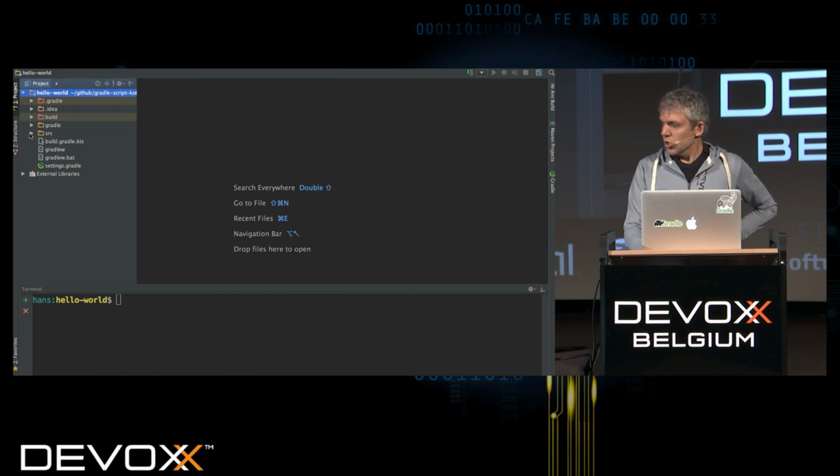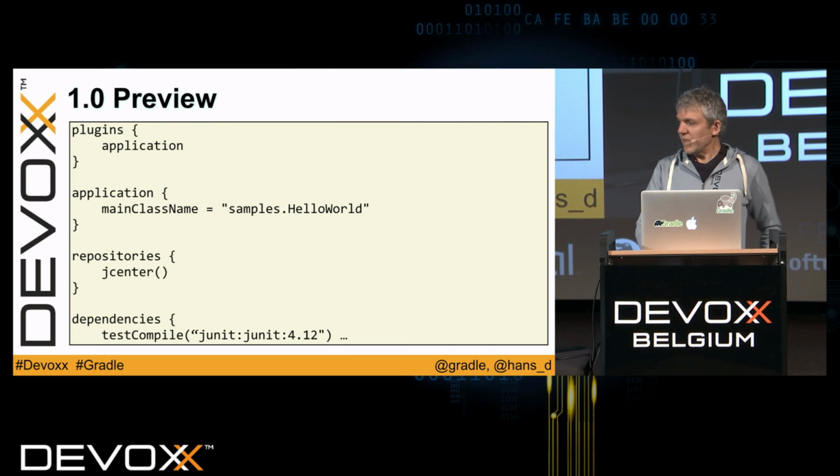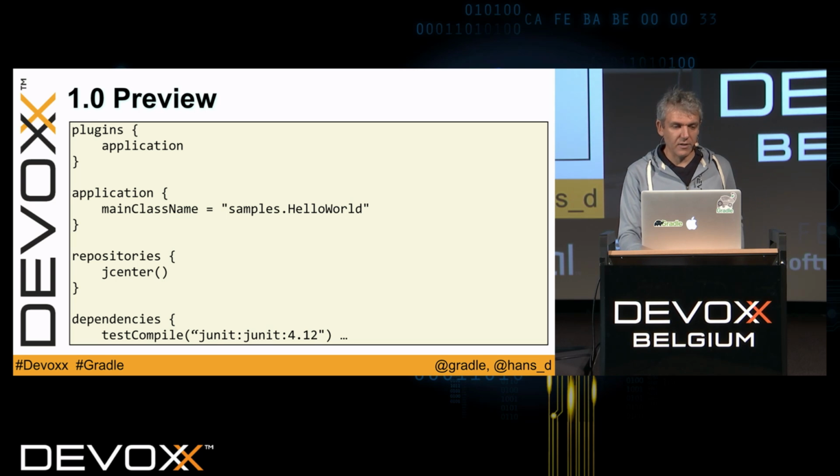Okay, good. And we're still making the DSL nicer. So this is how it will probably look when we have reached 1.0. But it's not dynamic. It's all statically typed, full content assist, and the same look and feel as you have for the Groovy DSL, just with all the additional goodness you get.